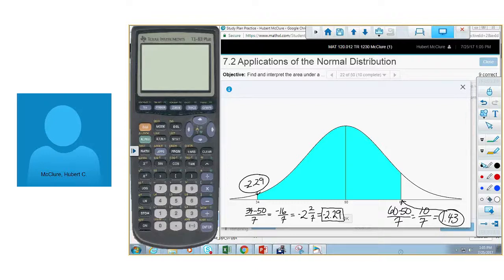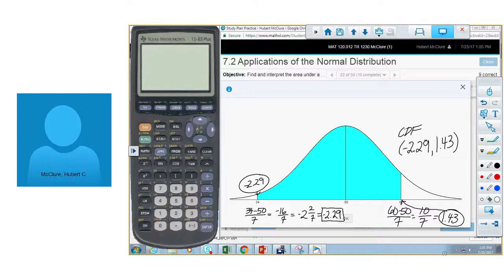Now you do CDF, and instead of infinity, you're going to put what? Negative 2.29, comma, what? 1.43. I'll just do it on the calculator, because I don't trust y'all.